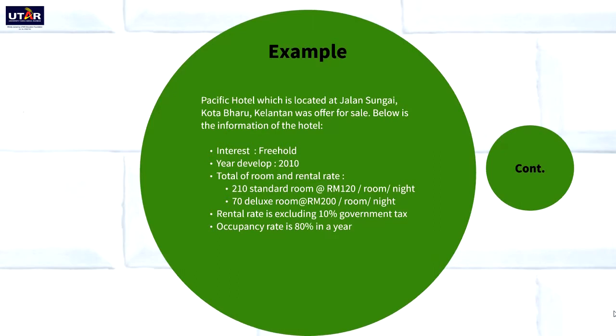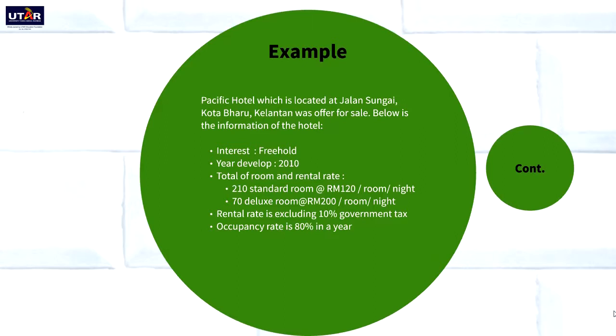Example: Pacific Hotel, which is located at Jalan Sungai, Kota Baru, Kelantan, was offered for sale. Below is the information of the hotel. The interest of the hotel is freehold and it was developed in 2010.